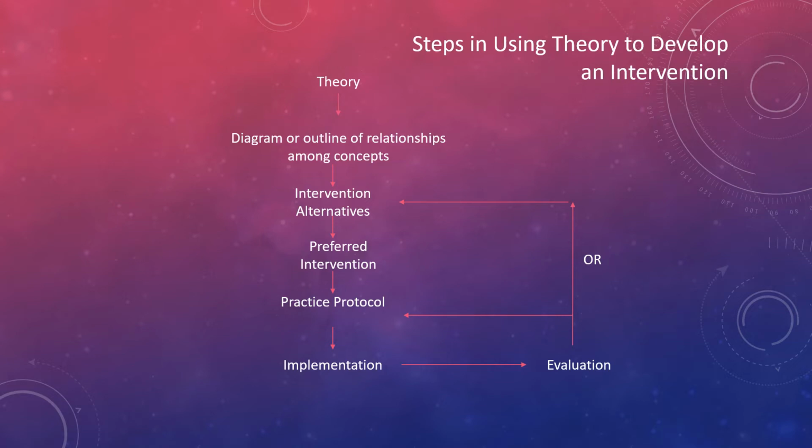You decide upon the preferred intervention among all the interventions, and you discuss or state aloud why you decided to go with that intervention. And then you develop a practice protocol, which is like developing a protocol for your research intervention.